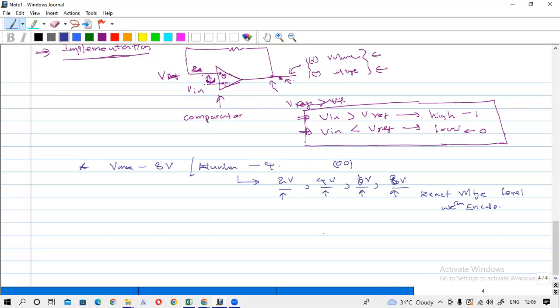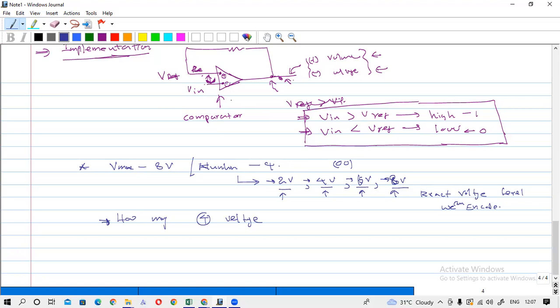Now these are the voltage levels. You can see that you have 4 voltage levels. Now tell me how many voltage levels we have to compare. We have to compare 4 voltage levels, because these are the encodable voltage levels.